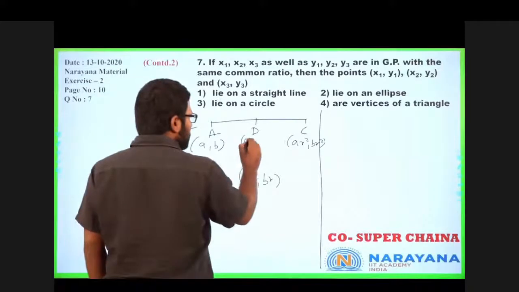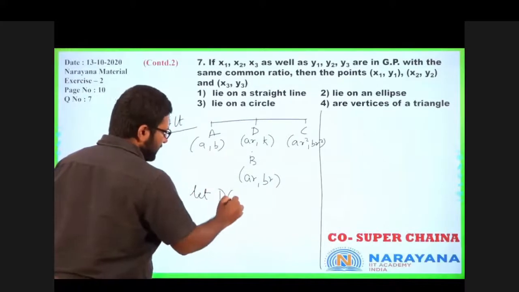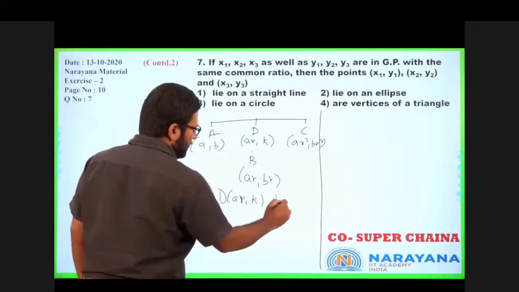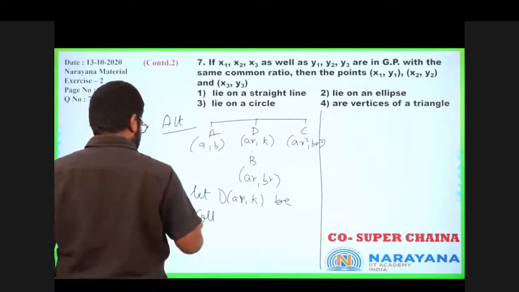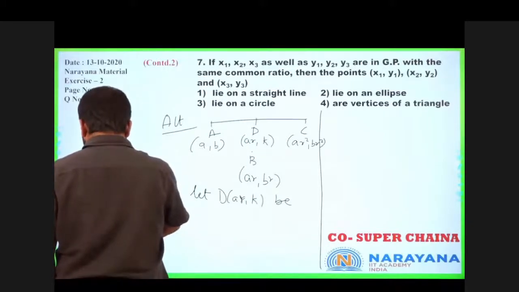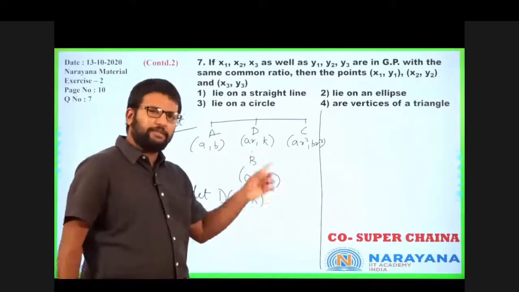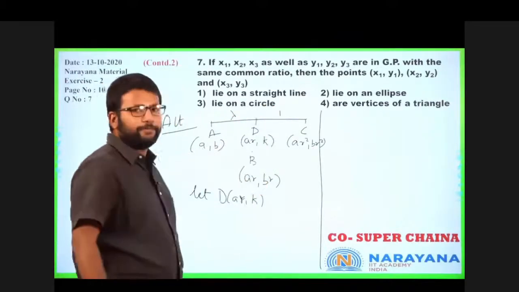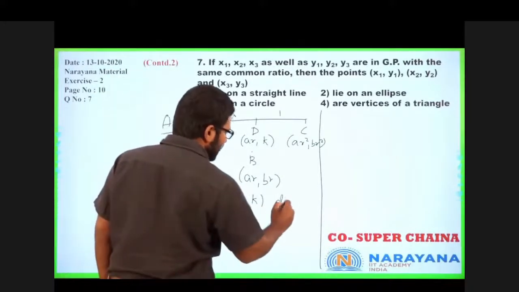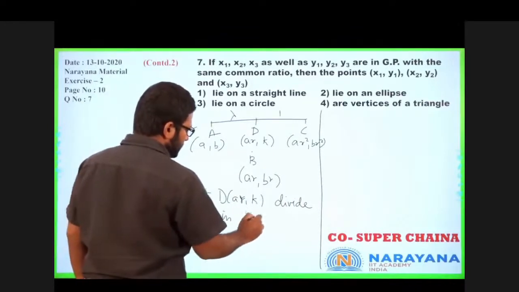For point D, we will take AR comma K. So we are taking a point D with the same x coordinate as B, but y coordinate is different. K, some K, we don't know what is the value of K. And let this ratio be lambda is to 1. Okay, so let D, AR comma K, divide AC in the ratio lambda is to 1.